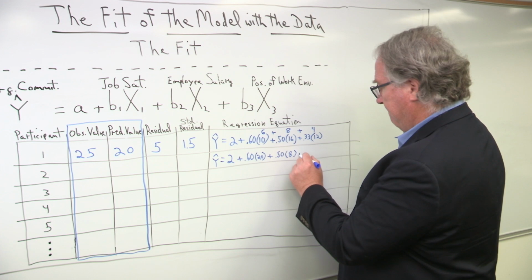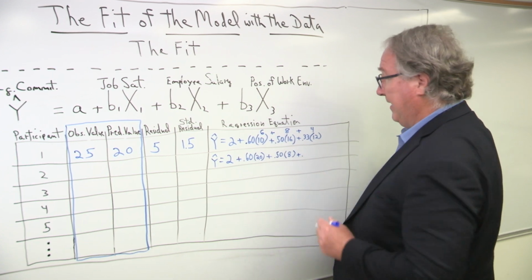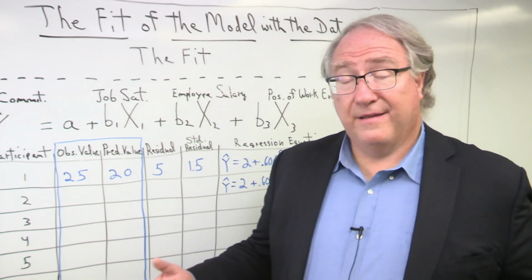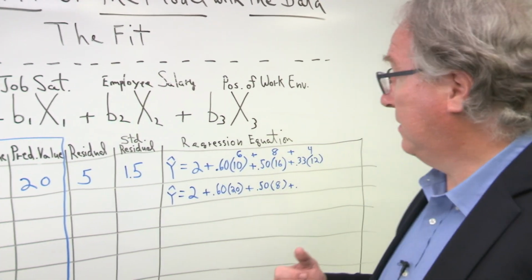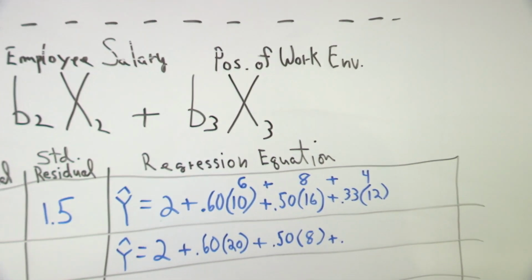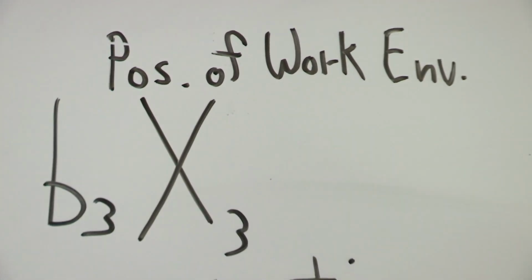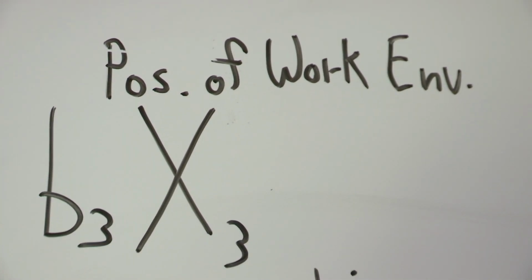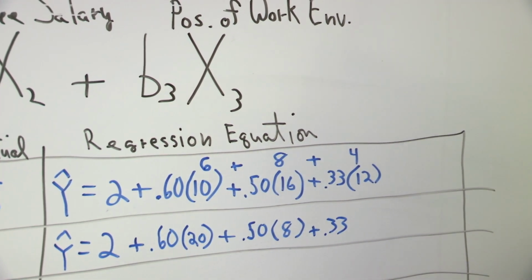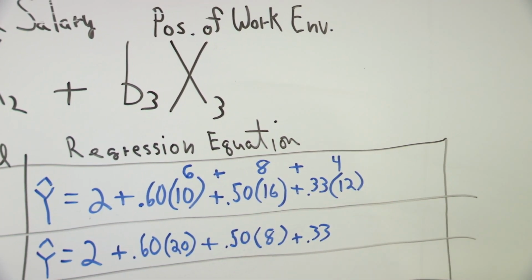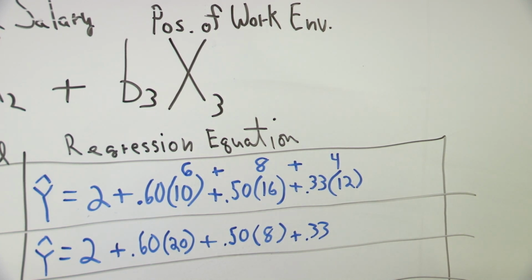And then, again, the unstandardized regression coefficient value for our third predictor variable is 0.33. It is fixed. And so it remains the same across all of the participants in the sample.